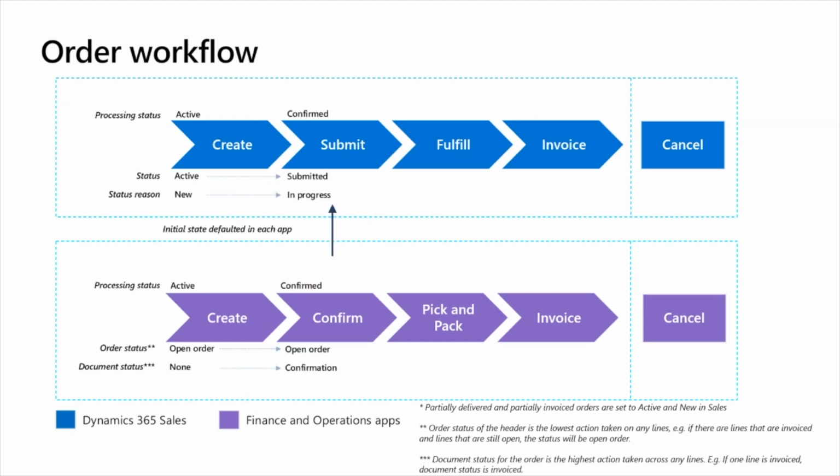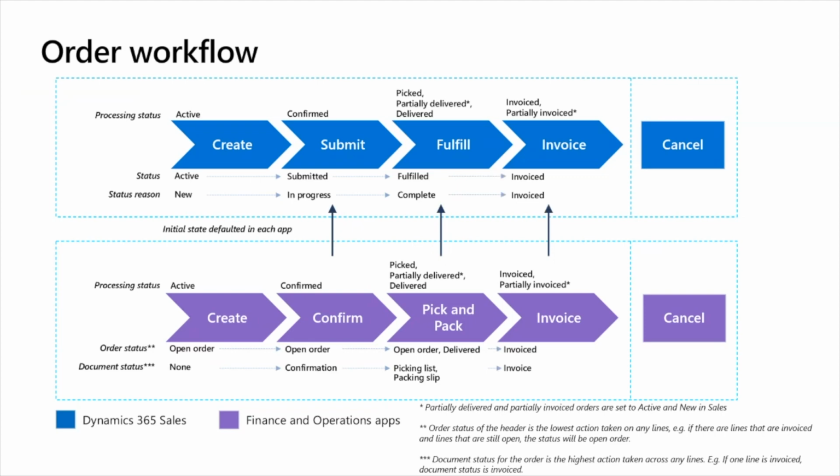And when we start to work through to confirmation, that's when the state changes start to happen. So on the processing status, we'll see confirmed, and then the status and status reasons start updating. When we go through the pick and pack, the various states flow through again to fulfilled complete, and we have these different processing statuses, and then for invoicing as well.